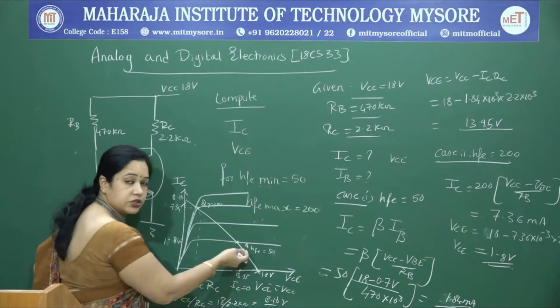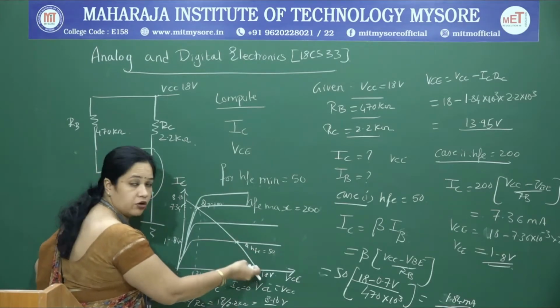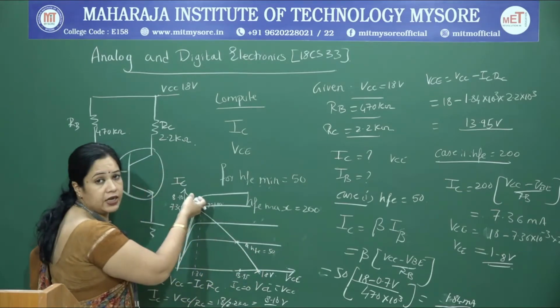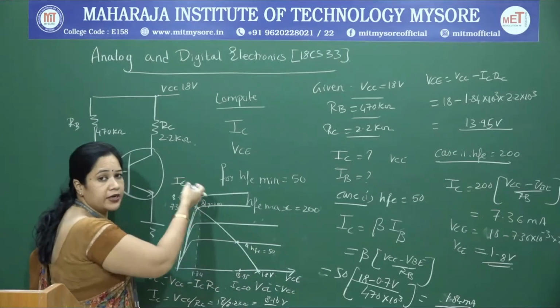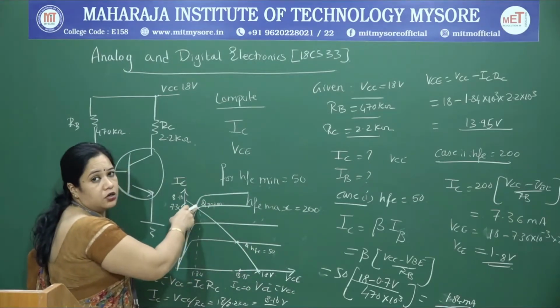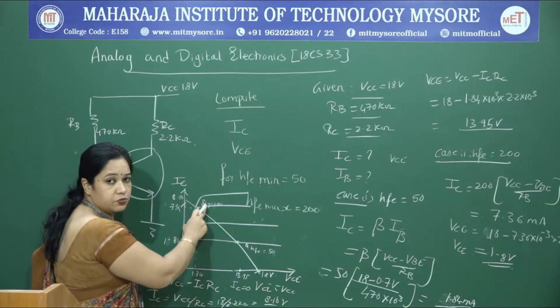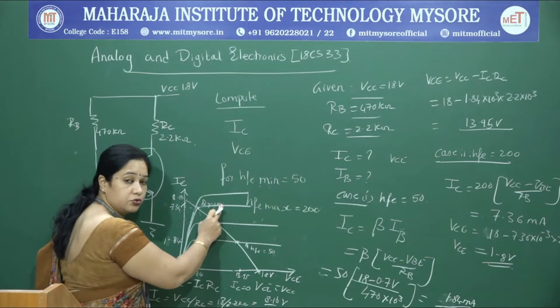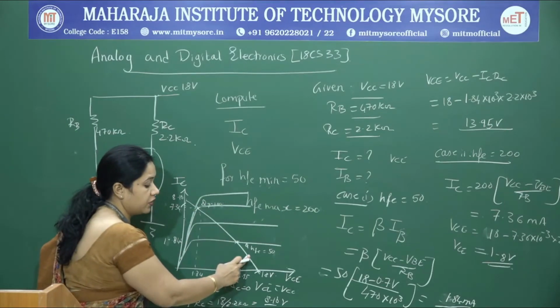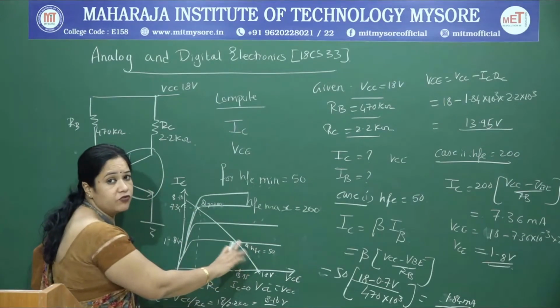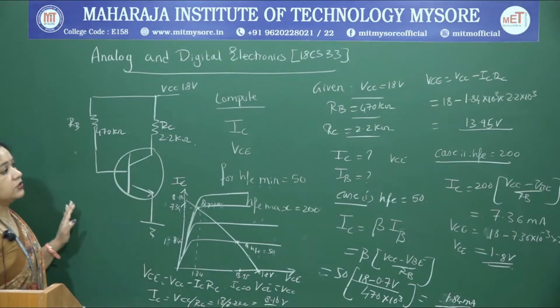For lower values it is on the lower side of the load line, and as you increase the gain it moves along the same load line towards the upper end. So this is the operating point corresponding to a gain of 200, and this is the operating point corresponding to a gain of 50.